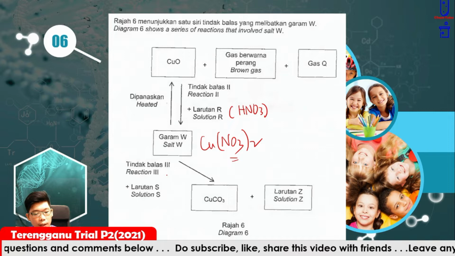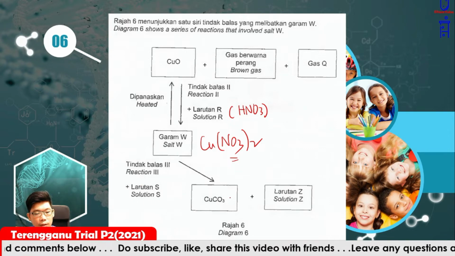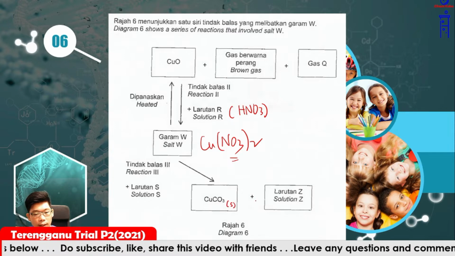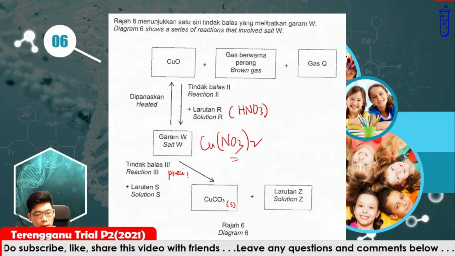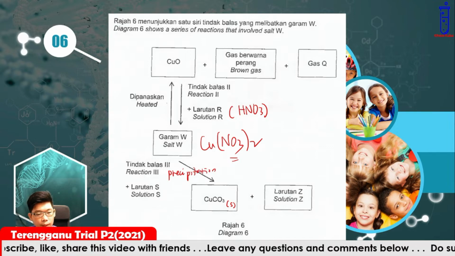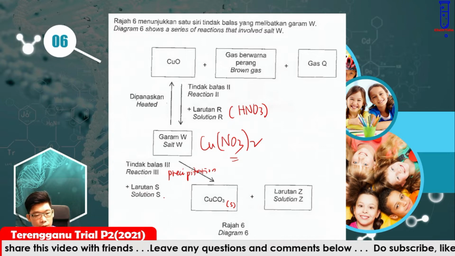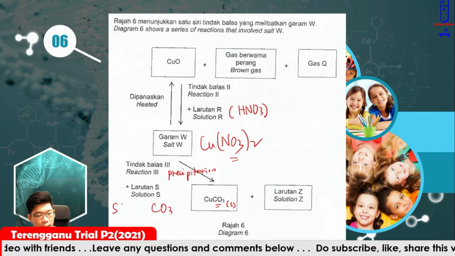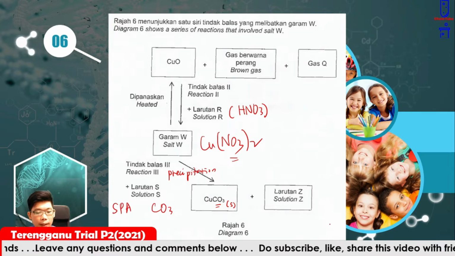You react it with the solution S. It forms copper(II) carbonate as the solid, and then solution Z. So this one should be precipitation. So for this solution S, you need to choose something that contains the carbonate. You can choose sodium carbonate, potassium carbonate, or ammonium carbonate.